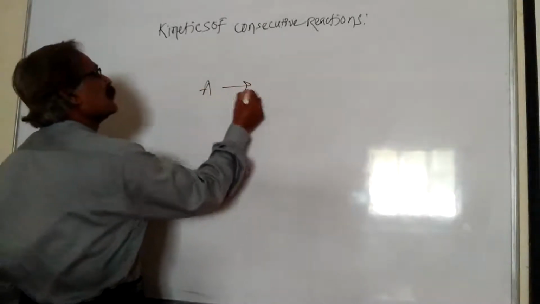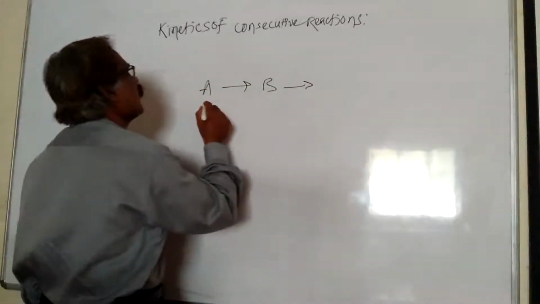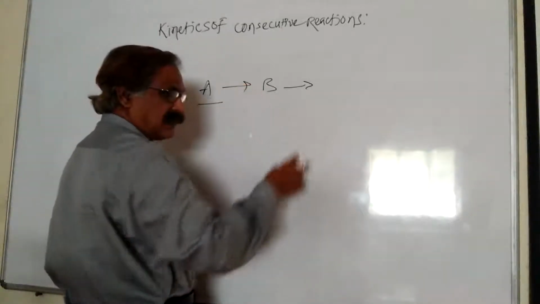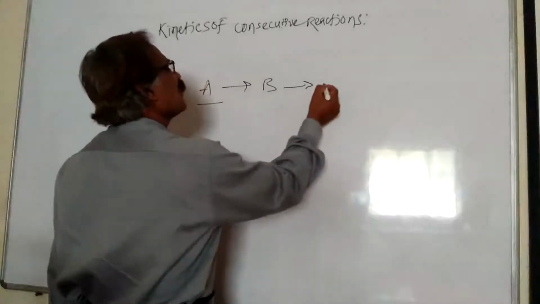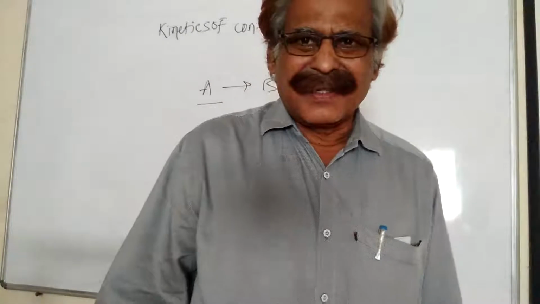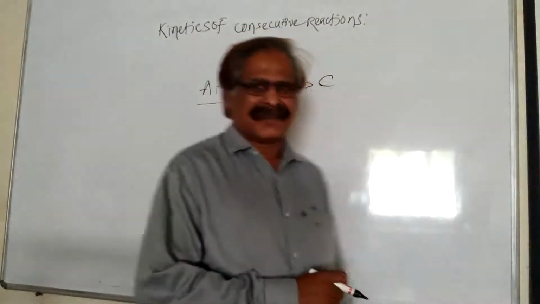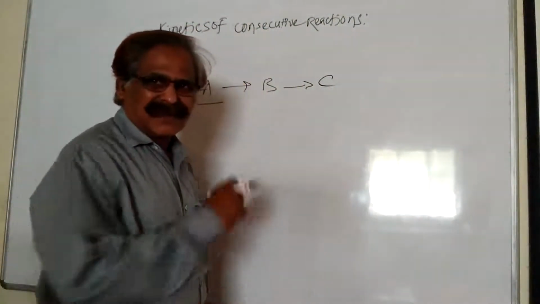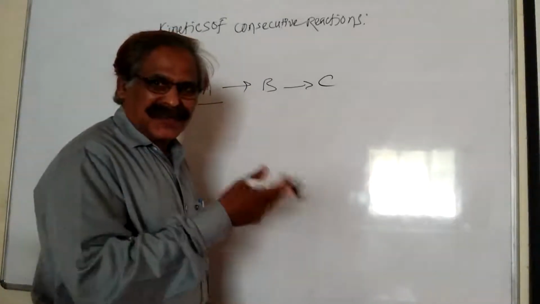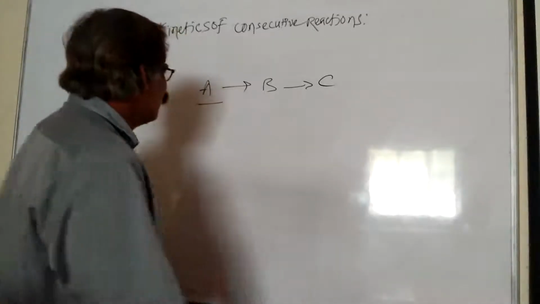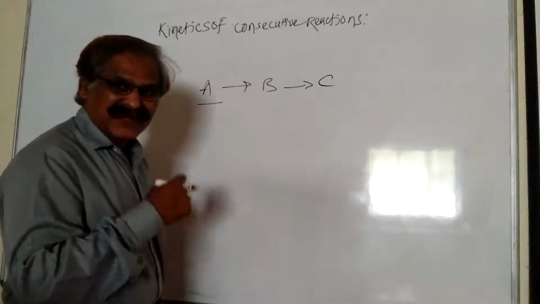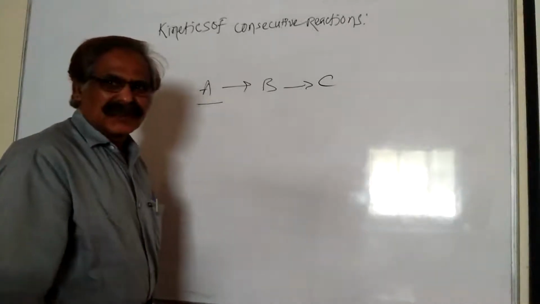Let us suppose in a chemical reaction, reactant A is converted into B at first and later on B is converted into C. So here the final product is C, but this reaction occurs in two stages. In first stage A is converted into B and in second stage B is converted into C.